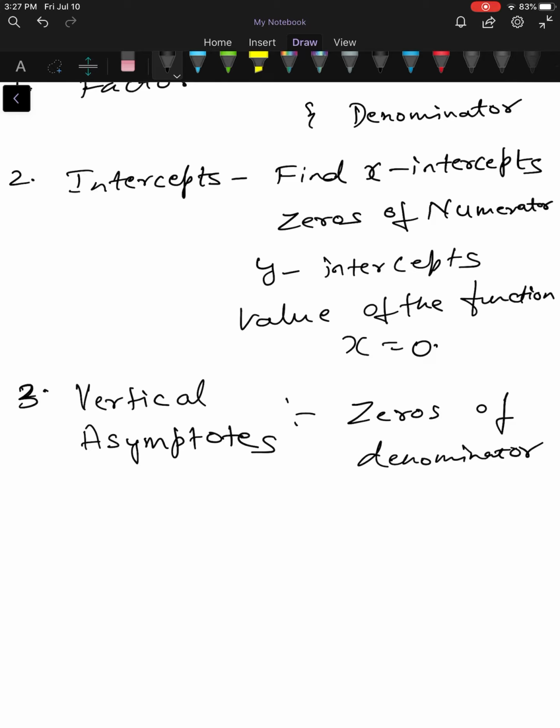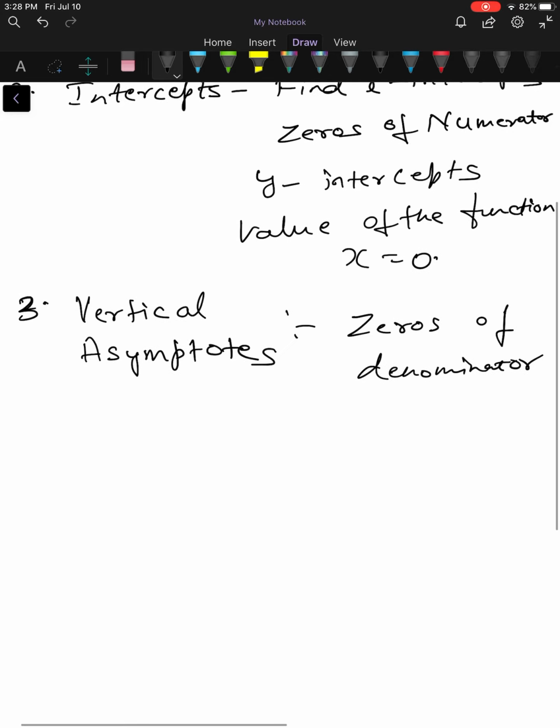You can see whether y is tending to negative infinity or positive infinity as the input values tend towards the vertical asymptote value from either side, left side and right side. Those are called test values.